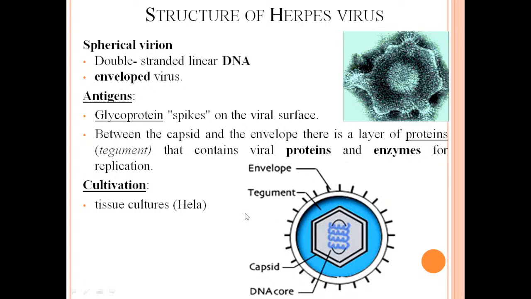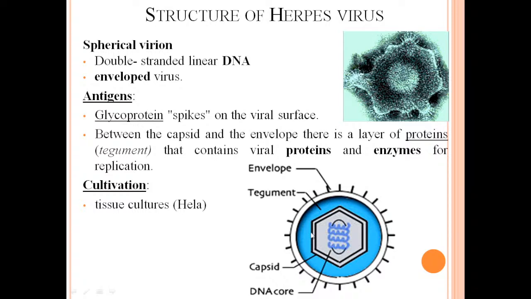Which antigens are present in herpes virus? The first one, these are glycoprotein spikes that are located on the surface of envelope. And the second one is proteins of tegument. What is it?